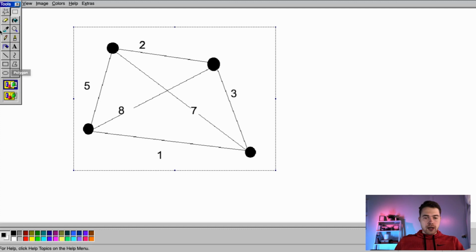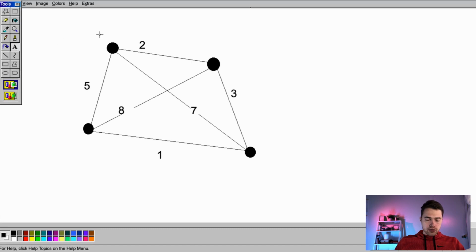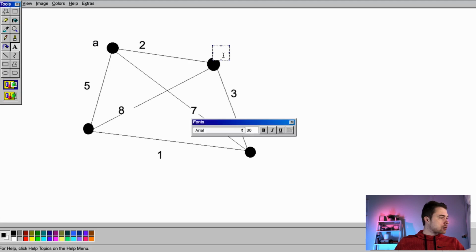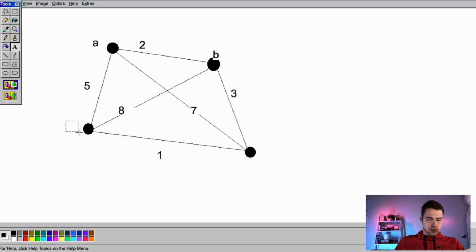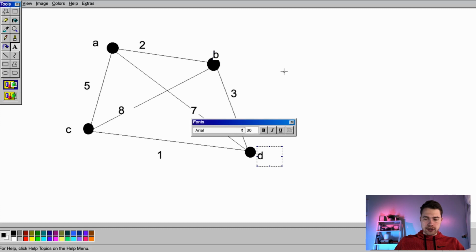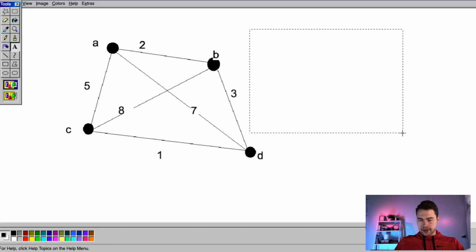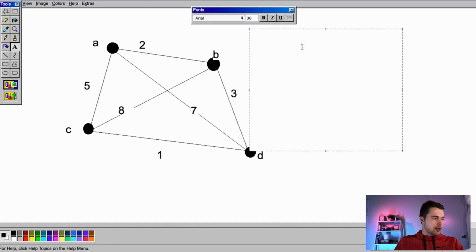Let's call the cities, I'll be using the notation in the book. This will be called A, this B, this C, and this D. Okay, I'm going to solve that as an example.